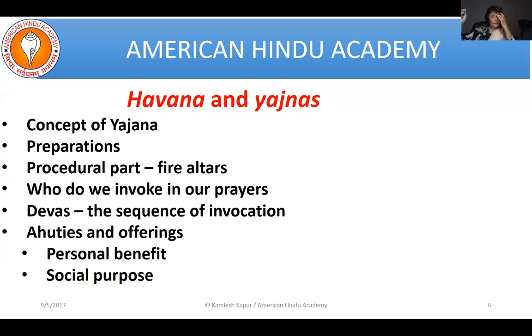What do we invoke in our prayers? We start with Agni Deva, and we continue offering prayers to devotion, showing humility, and to devas, sun, moon, even to knowledge, to the great scholars, to wind and air, and all these.